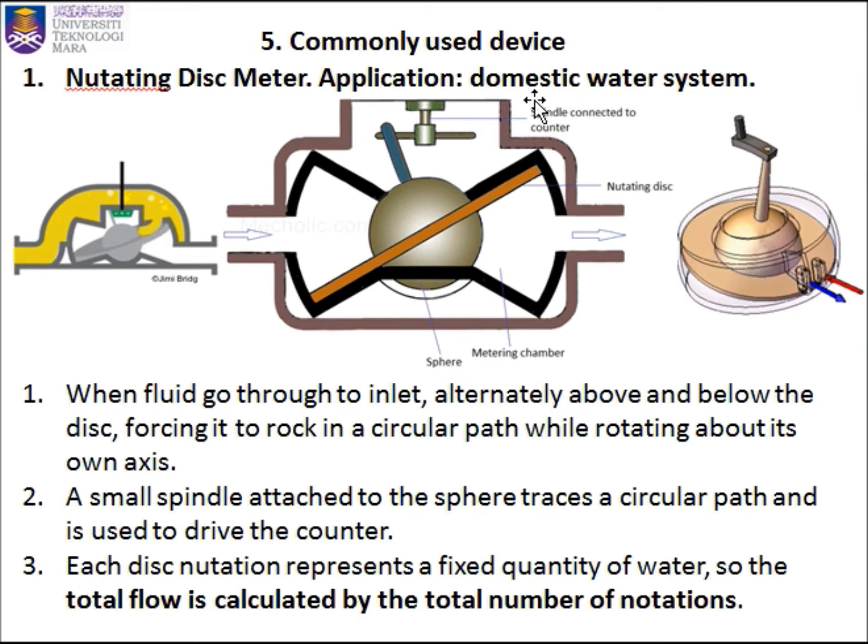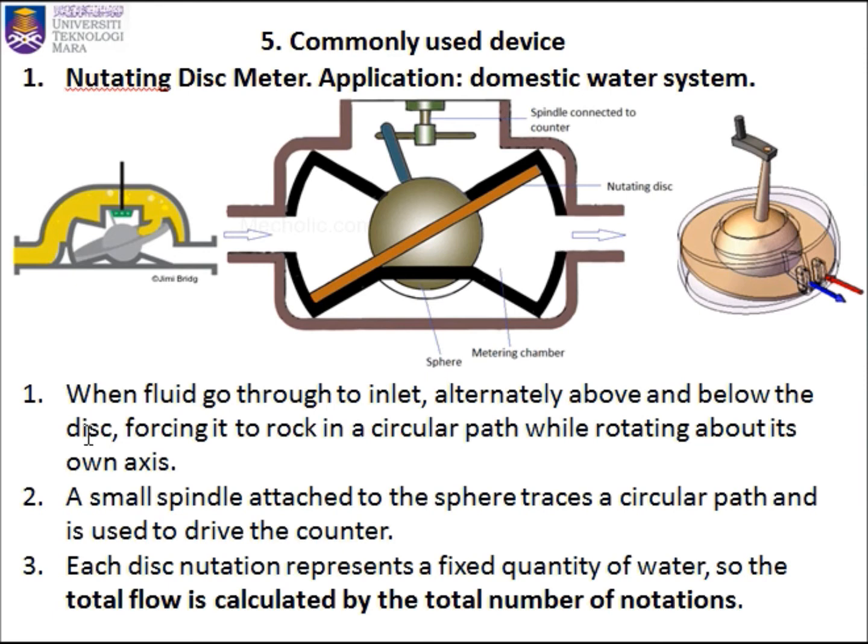This is the spindle connected to the counter, and this is the flow. This rotating disc will go up and down. When the rotating disc is going up, the flow will come in, and when the rotating disc goes down, the flow will go out.